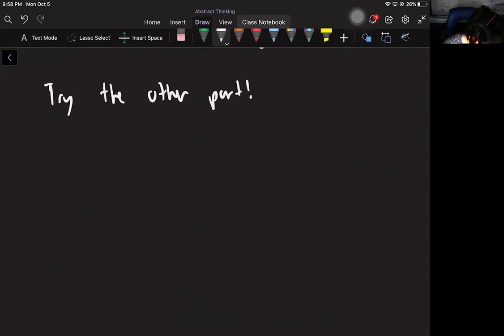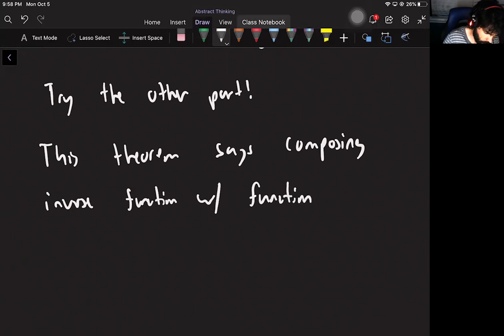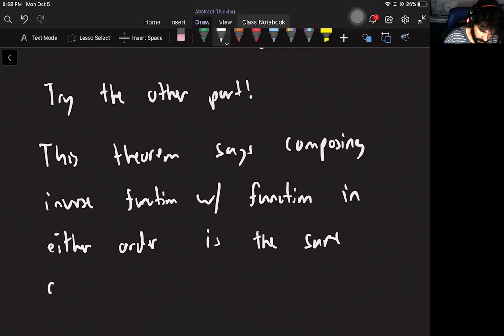So this theorem basically just says that composing the inverse function with the function in either order is the same as doing "nothing." I'm putting this in quotes because you might remember this from the lecture problems.